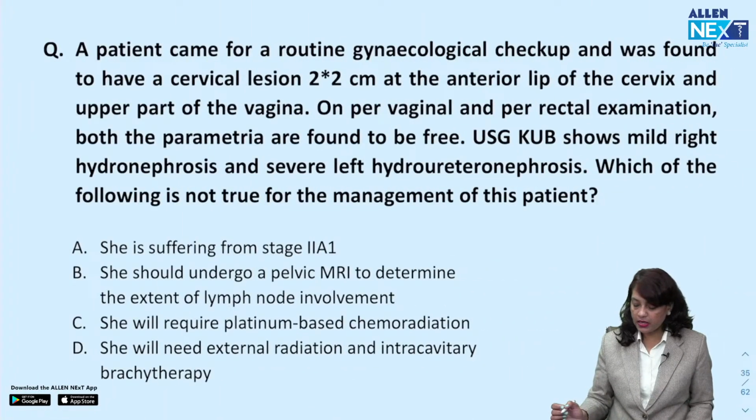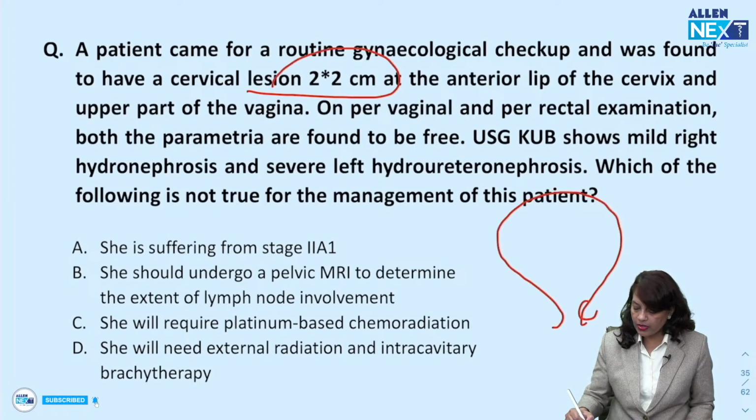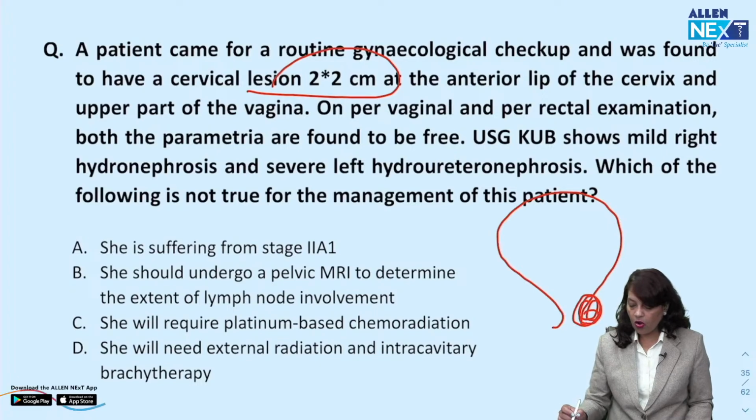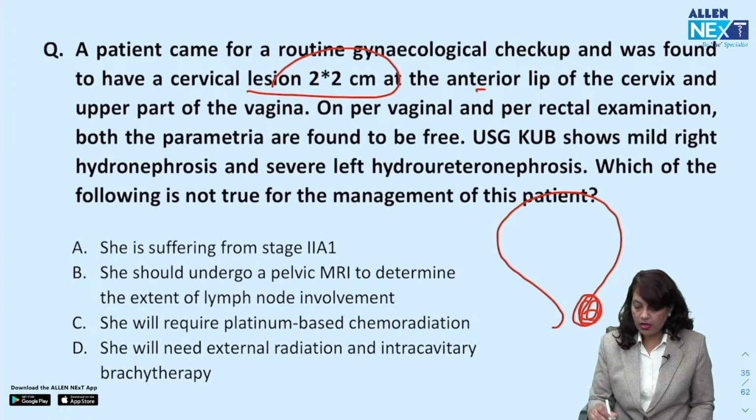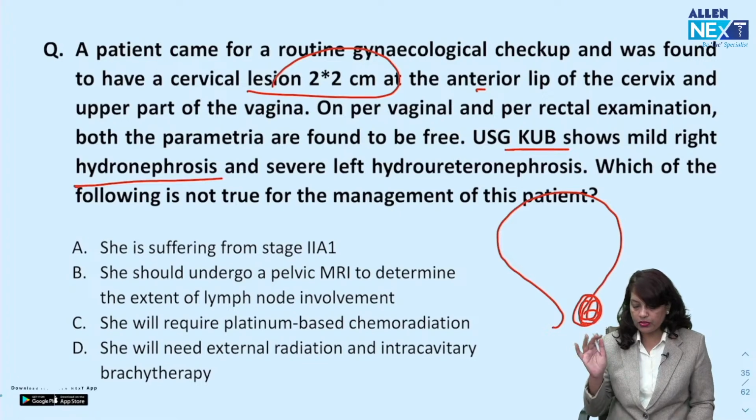Next, a patient came for a routine checkup, and it was found that there is a cervical lesion of 2 by 2 cm on the anterior lip of the cervix. On per vaginal and per rectal examination, both parametria are free. Ultrasound KUB shows hydronephrosis.